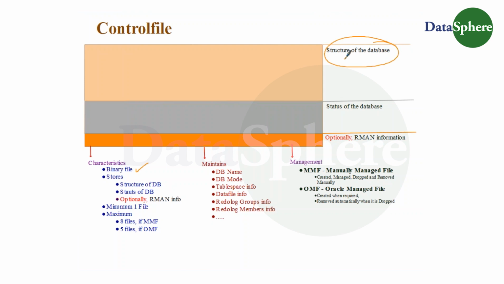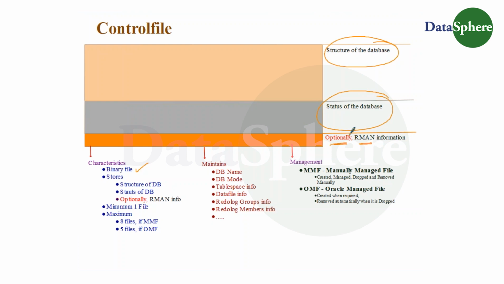Structure means database name, its mode, Oracle mode or non-Oracle mode, and other details. Status of the database. So file status, whether they are online, offline, open, read only, and other factors will be maintained. And optionally, will maintain RMAN information also. It is an optional entry.